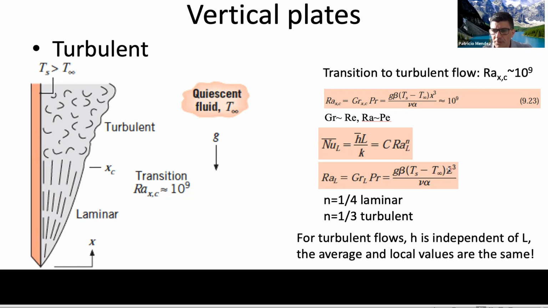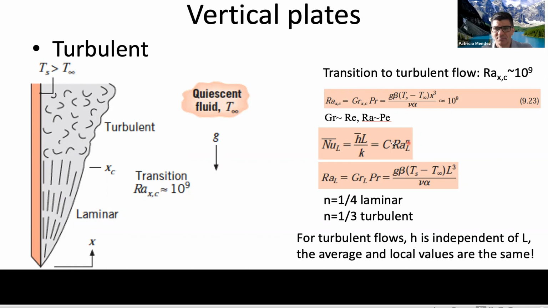We'll see the formula for Rayleigh, and we see that it has length to the cube. So in turbulent flow, Rayleigh to the 1/3 is proportional just to length, and we have hL over k proportional to L.